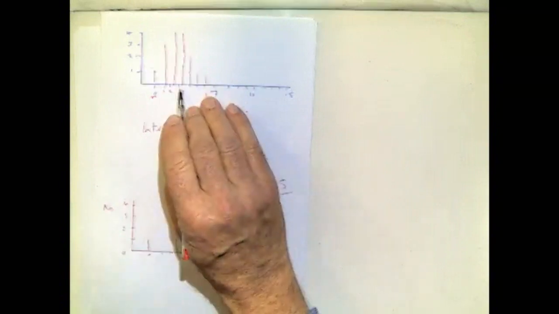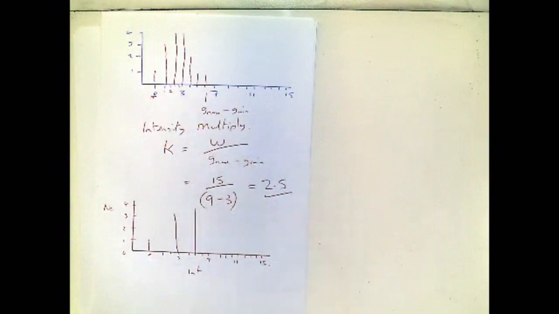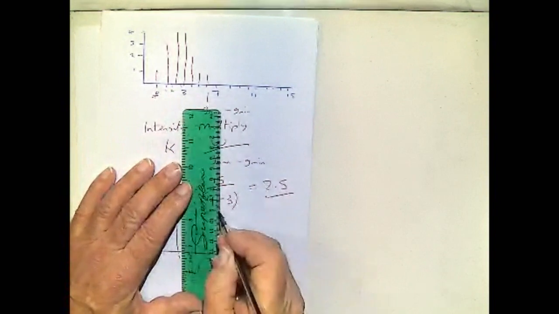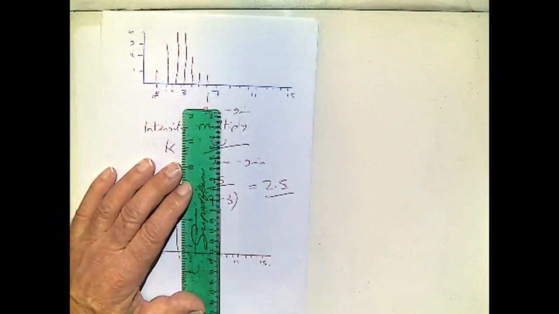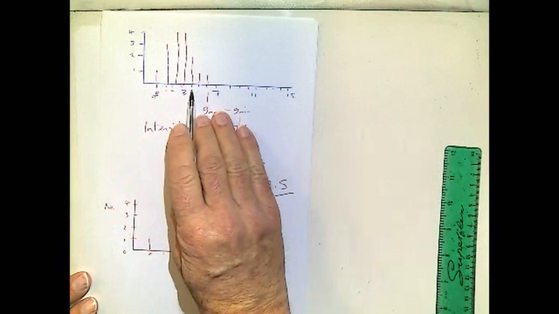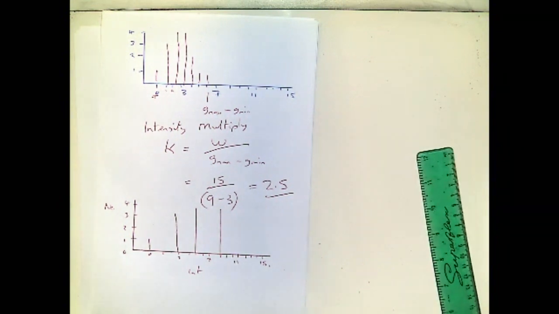Now the next one here, I hadn't done this very carefully. The next one is 3. 3 times 2.5, 7.5. You want 8? So that will go to 8, and we will have another 4 at 8. And then we've got 2 pixels at 4. 4 times 2.5 is 10, so those will go to intensity 10.